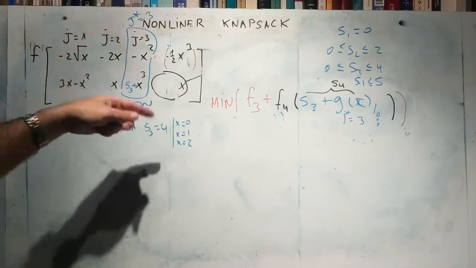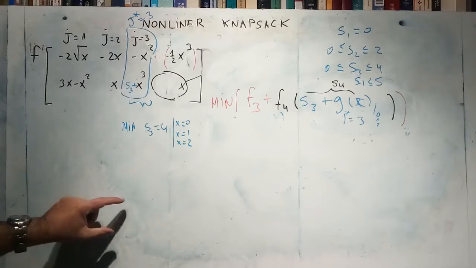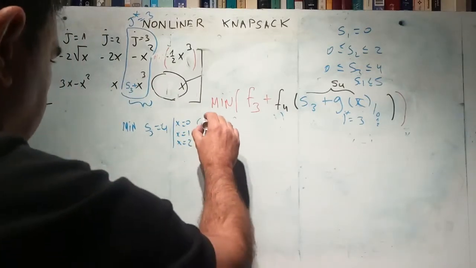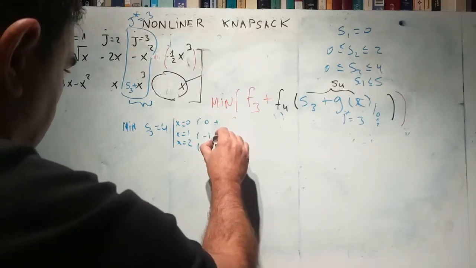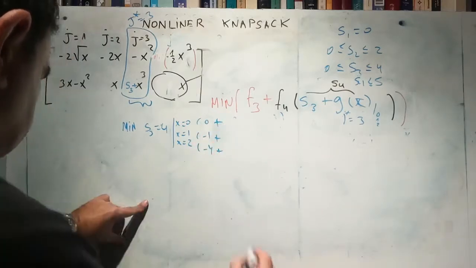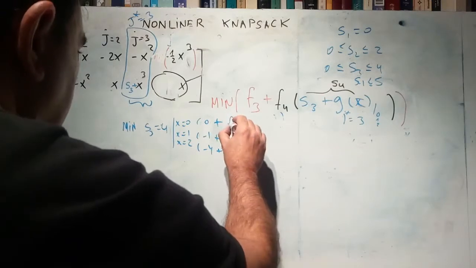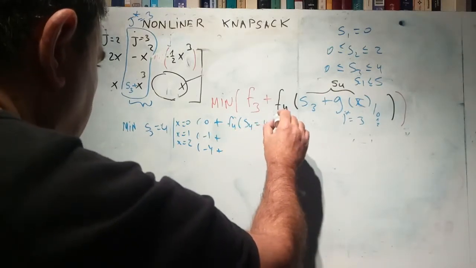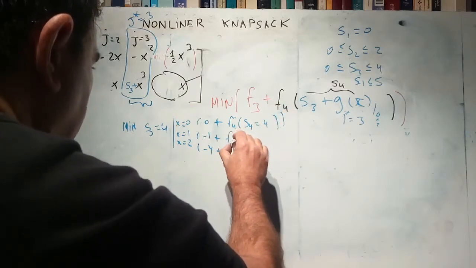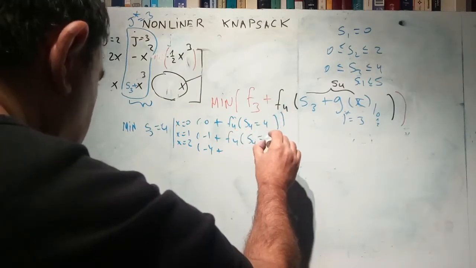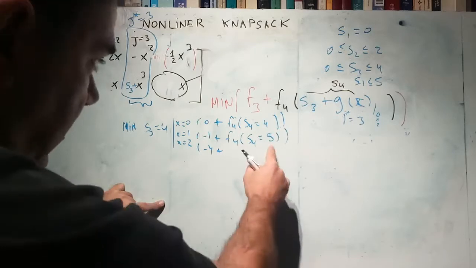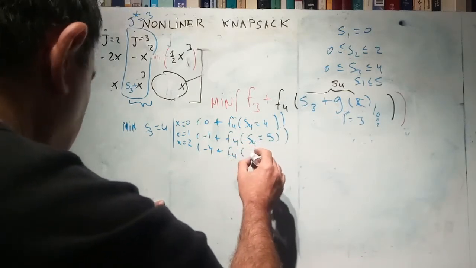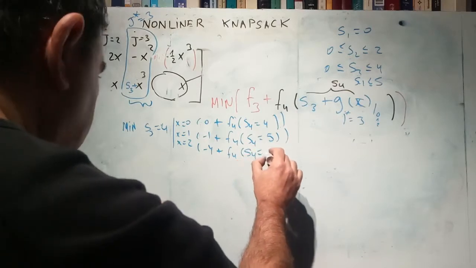And now evaluating 3 times x being 0, x being 1, and x being 2, we got a value of 0, minus 1, minus 4, because this is repeating all the time, plus f4 of S4 being 4, f4 of S4 being 5, this is the last, and this will be null, of course, f4 of S4 being 12.